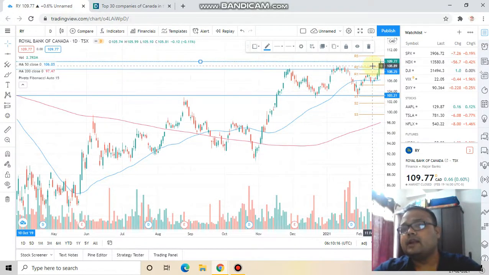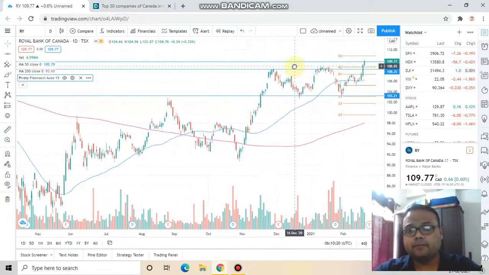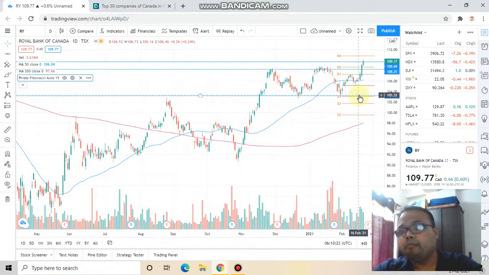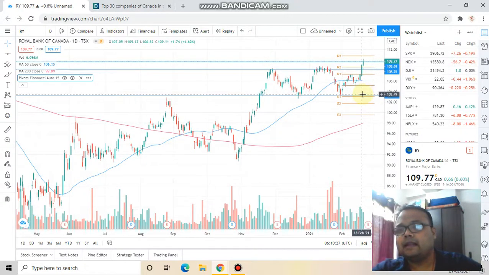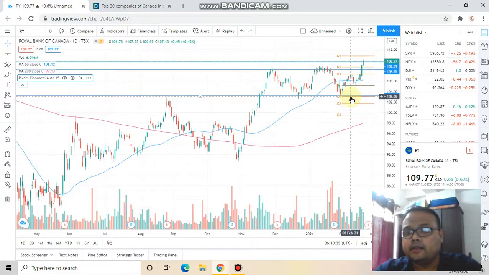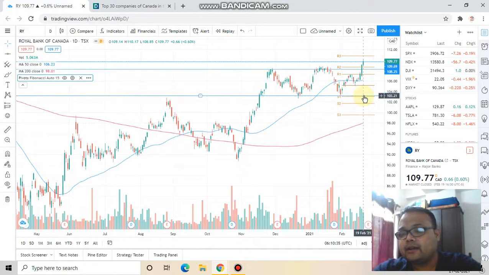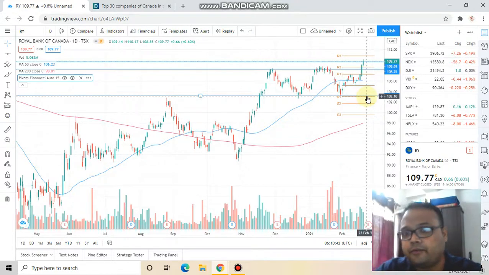If the stock fails to cross this 109.88 level and comes down, then you can pick this stock for future investment at the 103.2 level, this particular level. You can buy shares at this level. This will be a very comfortable level for you.